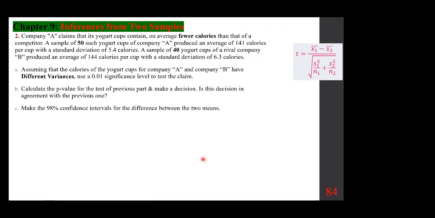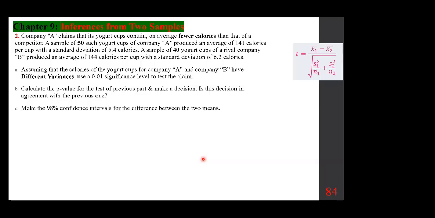That's the reason. Company A claims that its yogurt cups contain on average fewer calories than that of a competitor. A sample of 50 such yogurt cups of Company A produced an average of 141 calories per cup with a standard deviation of 5.4 calories. A sample of 40 yogurt cups of a rival Company B produced an average of 144 calories per cup with a standard deviation of 6.3 calories.